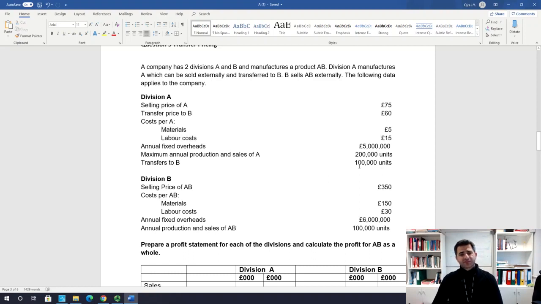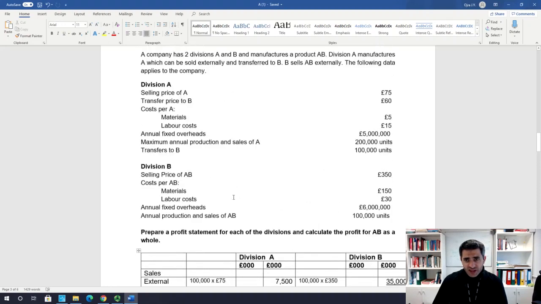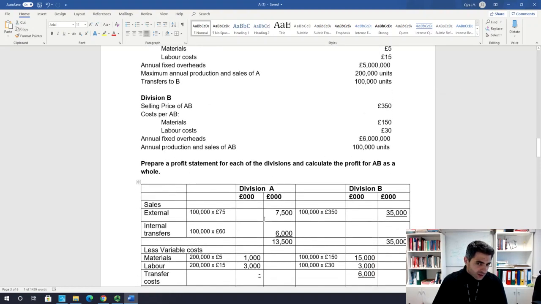Very simple. If we do the profit statement, sales: they have 200,000 units, but 100,000 units are transferred to B at £60 each. So that's 100,000 times 60, and the remaining 100,000 should be at £75, which is to the external market, as you see here.